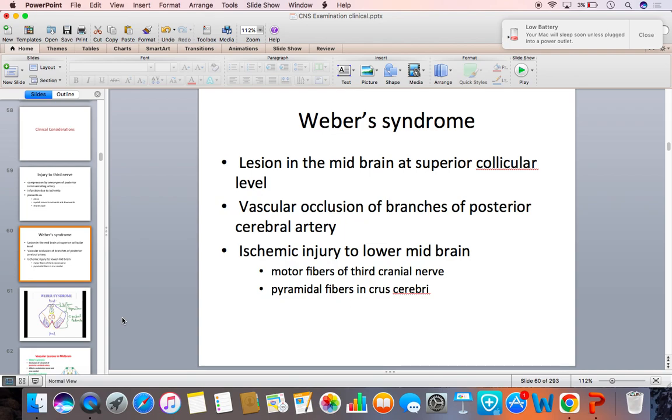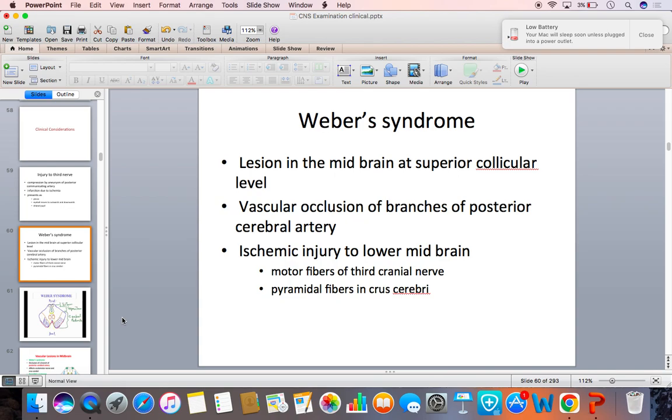Weber syndrome is due to a lesion in the midbrain at the superior collicular level associated with third nerve injury and ischemic injury to the crus cerebri, thereby resulting in contralateral spastic hemiplegia and ipsilateral third nerve palsy.